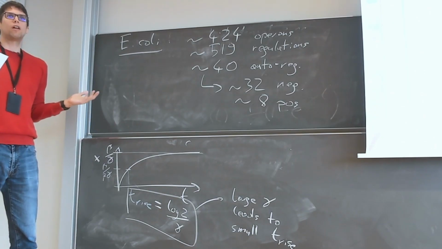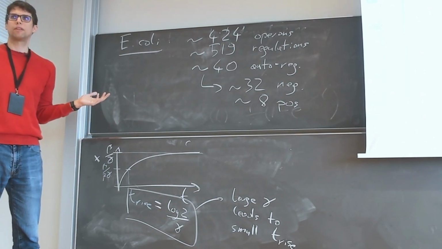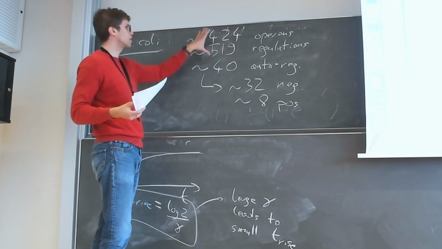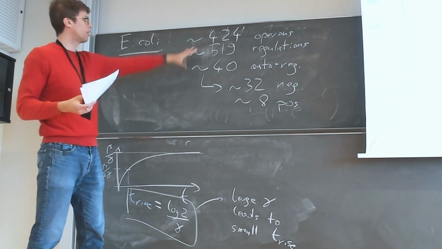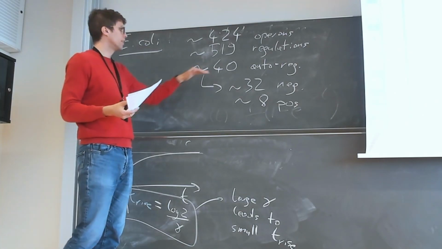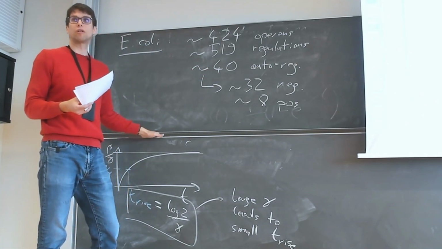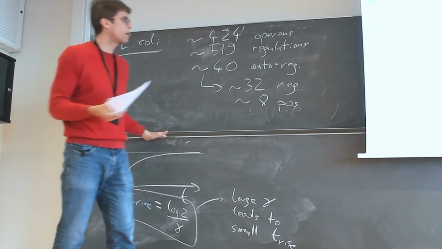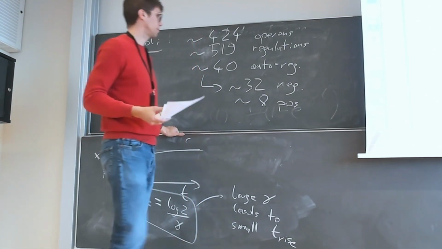So 1 point something. But this is not what we see. We see much more than that. So it's not just a uniformly random choice of who you would regulate. There's a clear bias towards autoregulation, just in a statistical sense. But apparently it does make some sense.